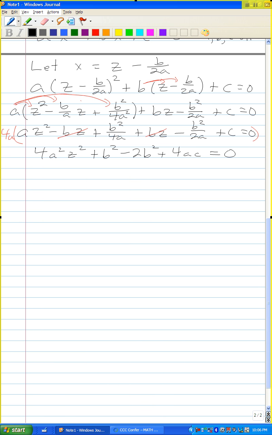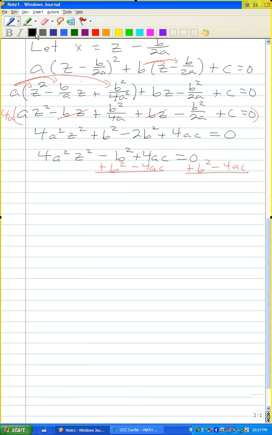And so I can combine like terms, so I get 4a squared z squared minus b squared plus 4ac is 0. Add b squared to both sides of your equation. Subtract 4ac from both sides of my equation.